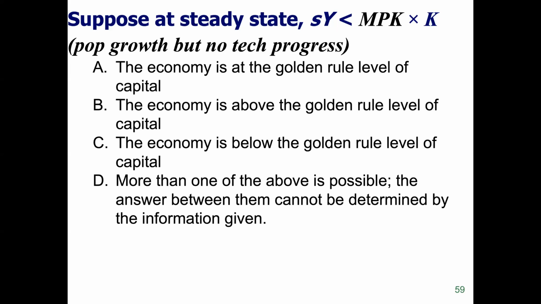That means an extra unit of capital produces more than enough to make up for depreciation and to do the extra investment needed to keep up with population growth. And so an extra unit of capital is going to raise steady state consumption. MPK is greater than delta plus n.